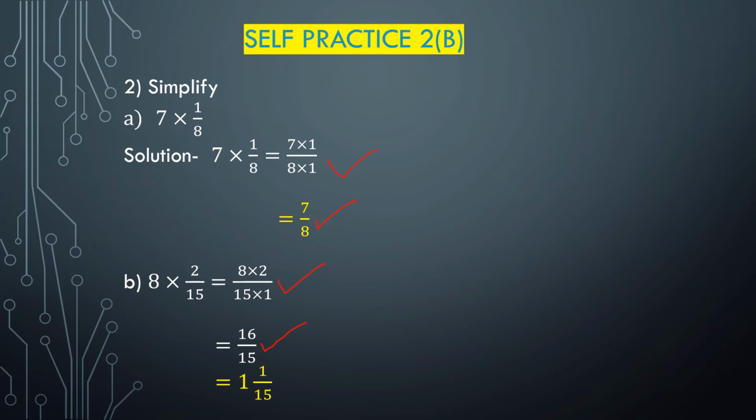We can write 16 as 1 multiplied with 15 plus 1, where 1 is the quotient, 15 is the divisor and 1 is the remainder. So we get 16 divided by 15 is 1, 1 divided by 15. So we get 8 multiplied with 2 divided by 15 is 1, 1 divided by 15.